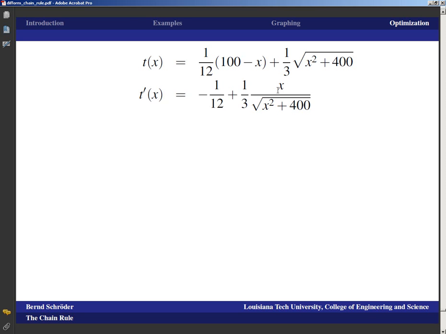The 2x and the 1/2 just give us an x, and the inside was x squared plus 400 raised to the negative 1/2 after we differentiated it, and raising something to the negative 1/2 is like dividing by its square root, so that derivative really ends up being x over square root of x squared plus 400. Again, I've combined a few steps. You want to be able to take care of these things mentally.